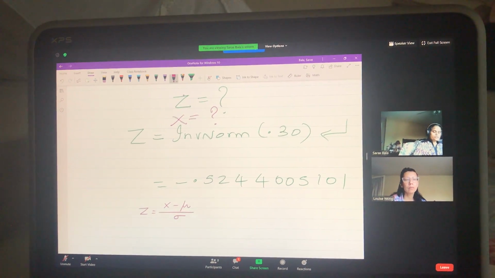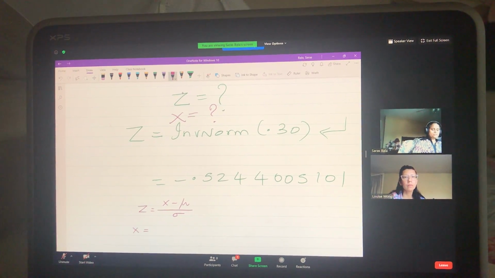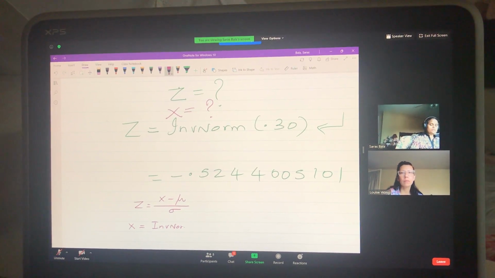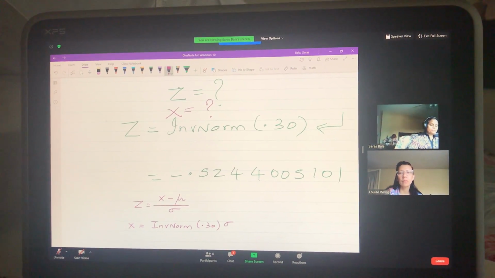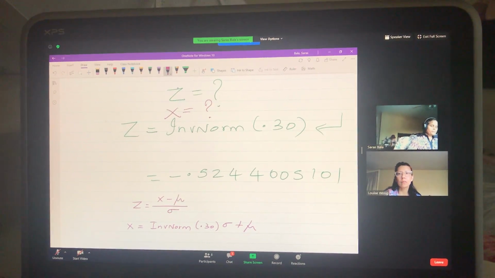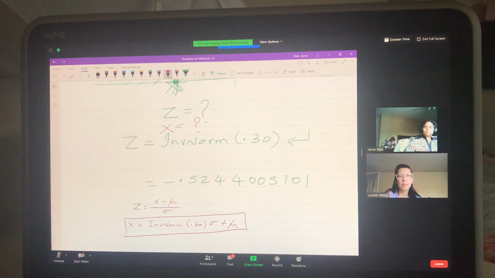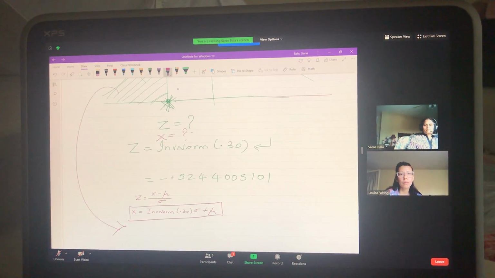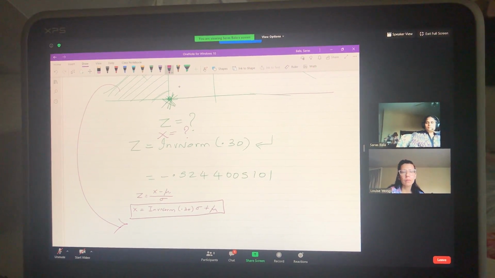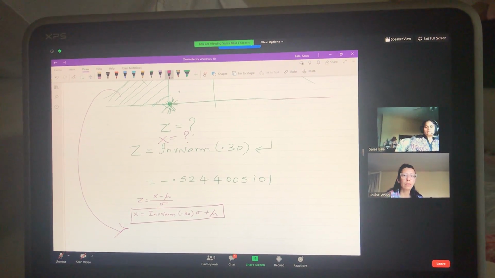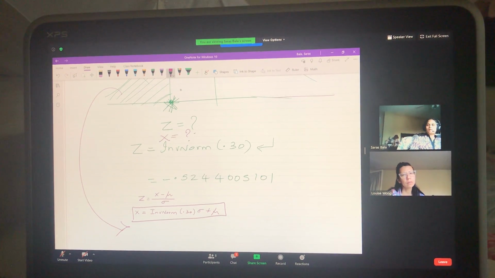So you are going to get the x score, which is inverse norm 0.30 times sigma plus mu. That's it. So this is the formula for the bottom 30%. For the bottom 30%, the cutoff point is just inverse norm 0.30 times sigma plus mu.